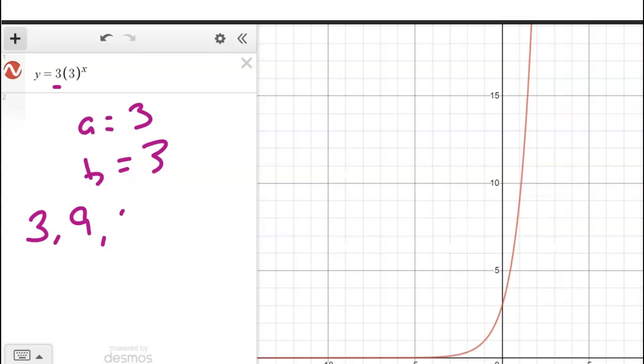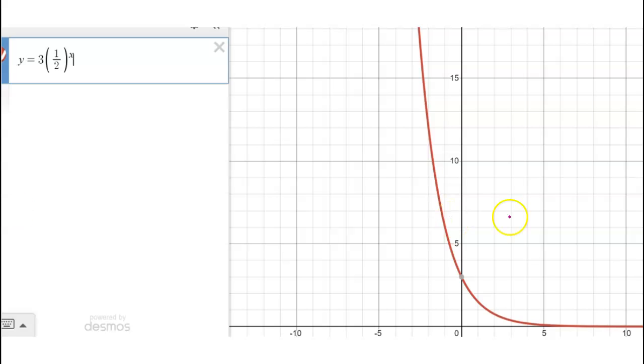Multiply by 3 one more time. And you're going to notice that that isn't going to fit on the graph. 27 didn't even fit on this graph. So let's go ahead and check. 3 should be my initial, so it should be on the y-axis. Then if I go over 1, I should be able to go up to 9. That is my next point. And then I can't reach 27, so I'm good to go.